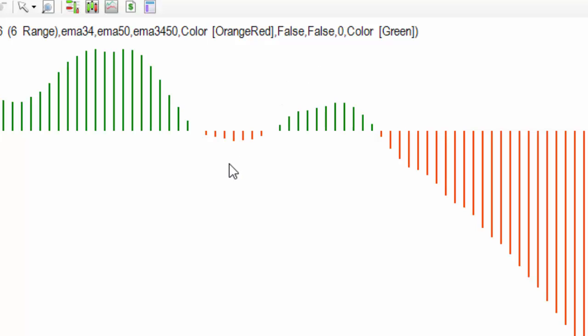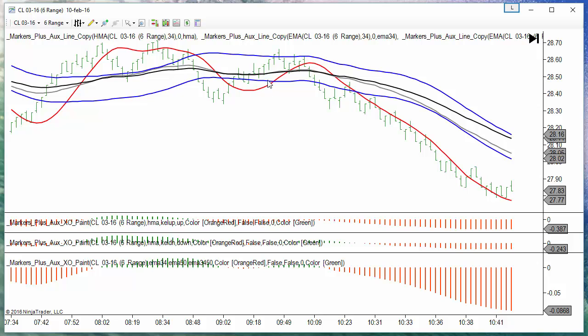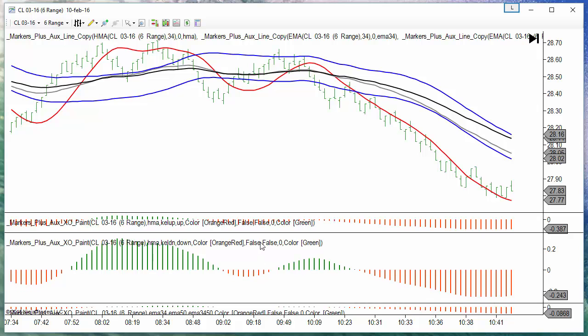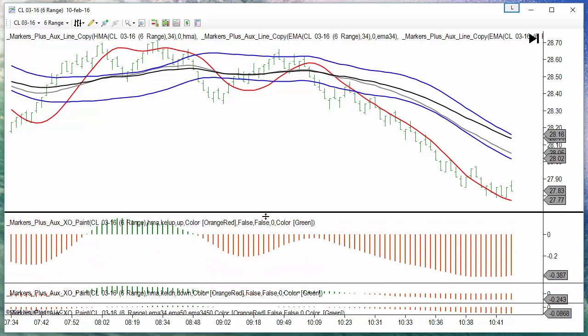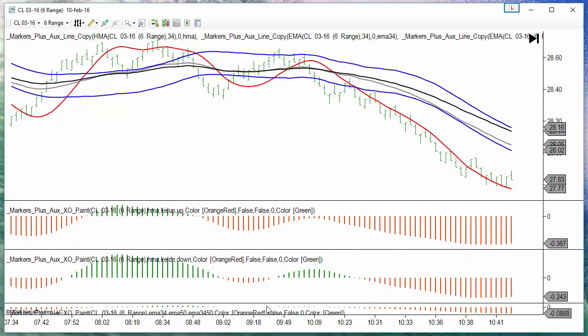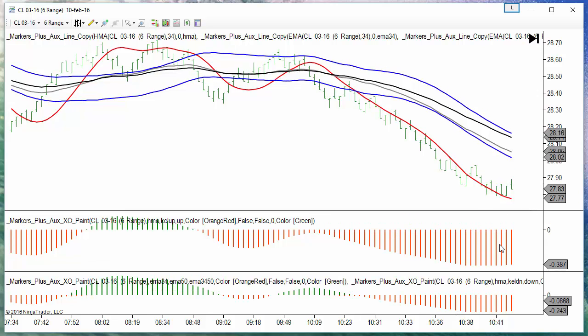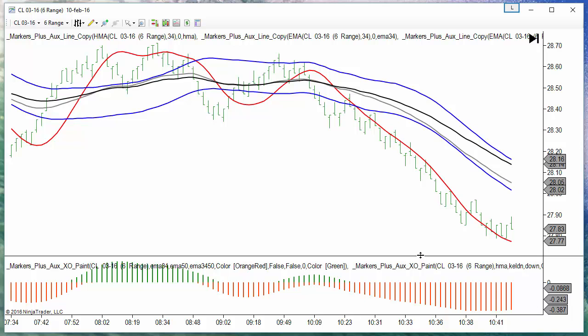Same here, this is 0.01. That means that the black and gray lines are less than 1 tick from each other. So we can filter using 2 ticks. I will put all this together.